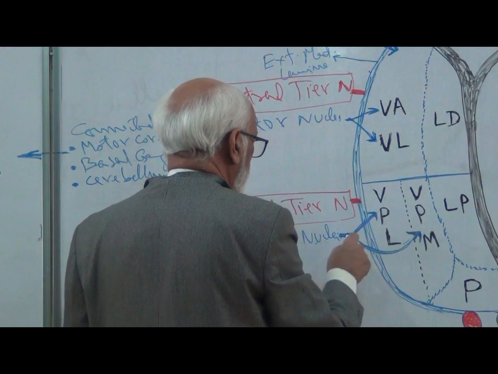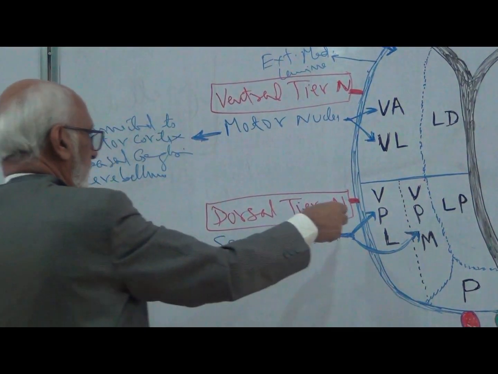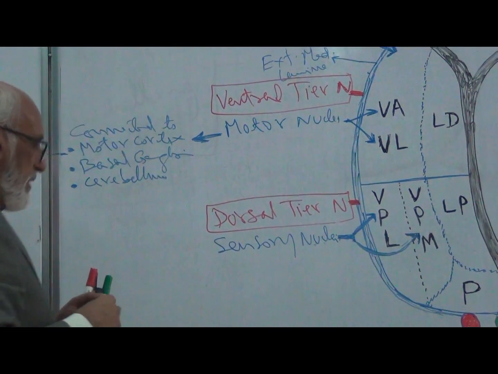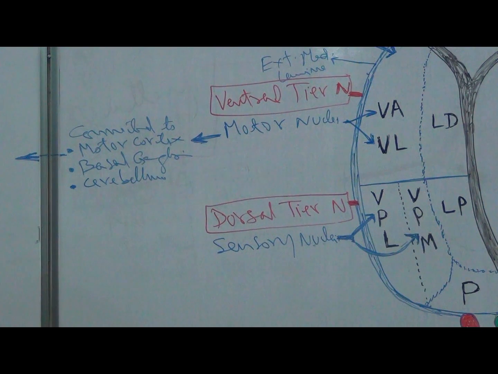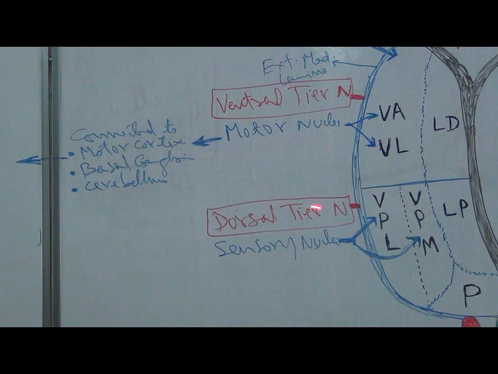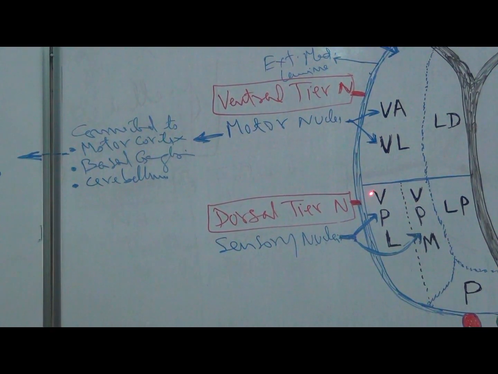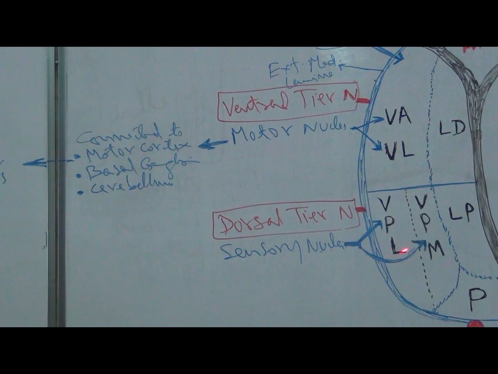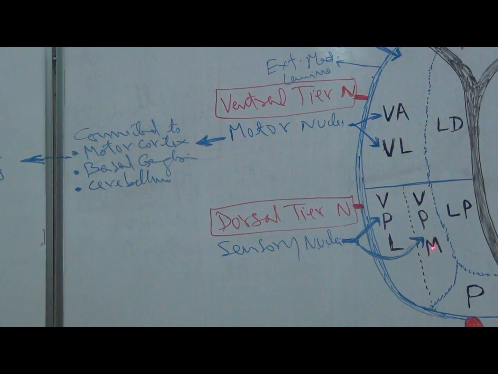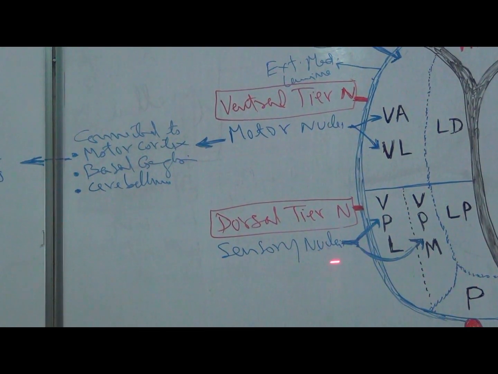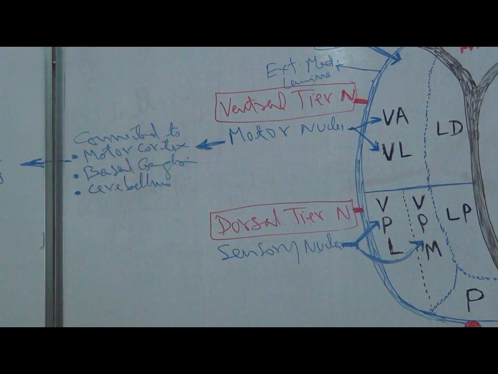The dorsal tier nuclei comprise the ventral posterior lateral nucleus and the ventral posterior medial nucleus. These nuclei are sensory nuclei.